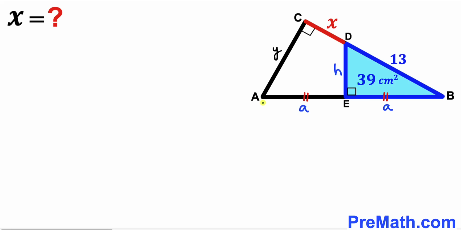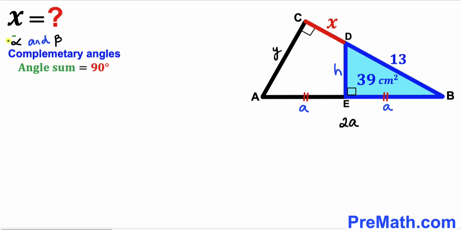And now let's make an observation. We can see that this whole side AB length is going to be lowercase a plus lowercase a, which is 2 times a. And now let's assume that alpha and beta are our two complementary angles. In other words, the sum of these two angles, alpha plus beta, must be equal to 90 degrees.